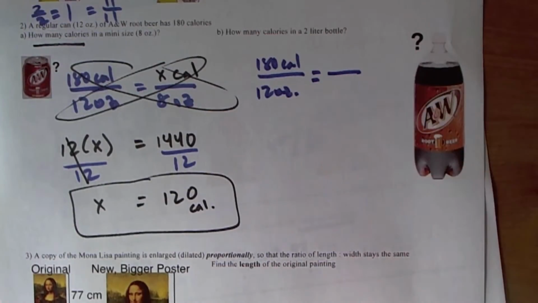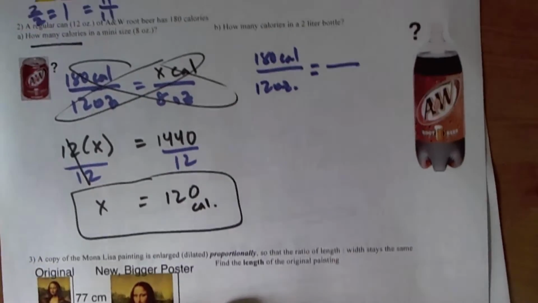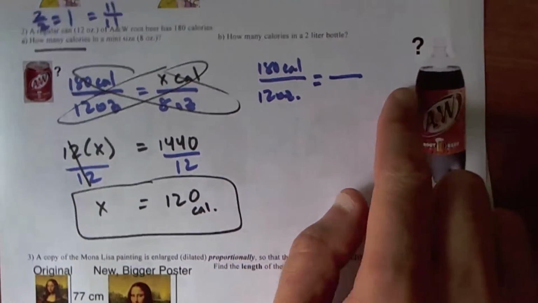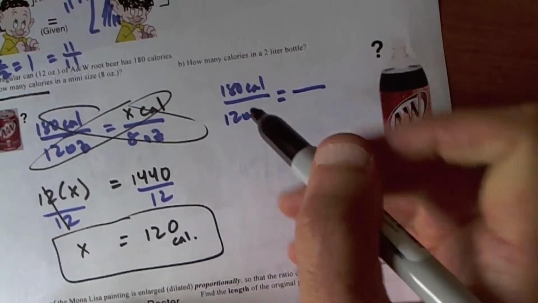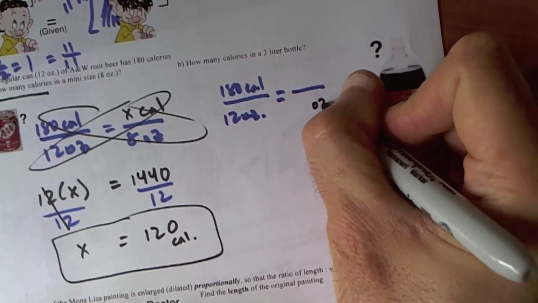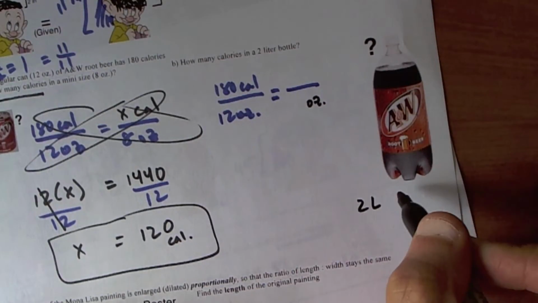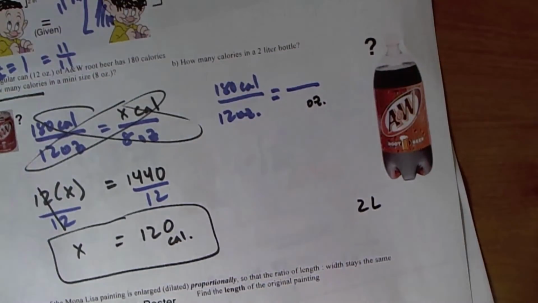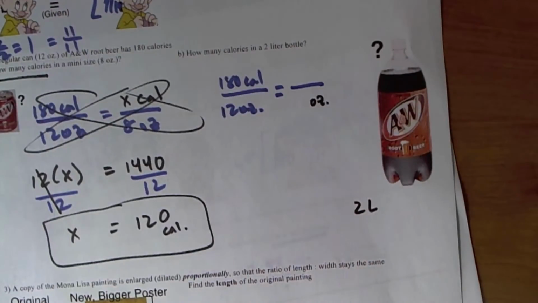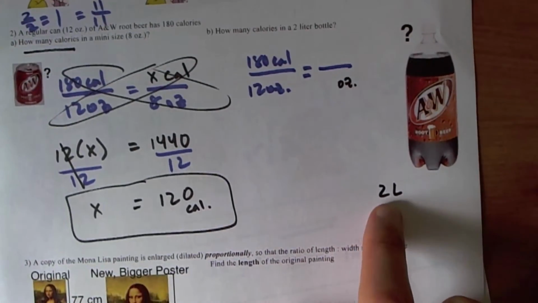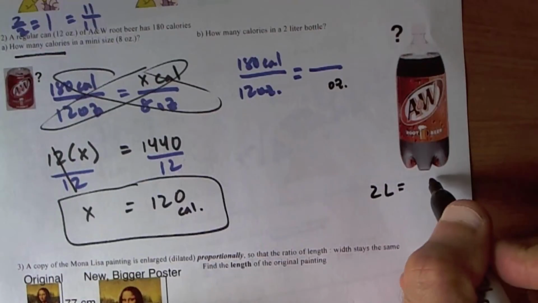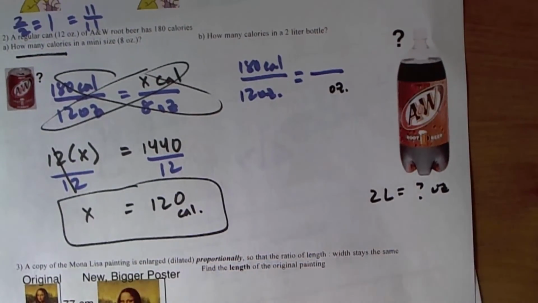So let's go ahead and pause for a second. All right, so I'm trying to figure out, okay, I've got 2 liters, and I want to convert that to ounces, just so it'll play nicely. So we have a nice rate here. So this is 2 liters. I could use some math to figure it out, but for time's sake, we'll just ask our friend Google. 2 liters equals how many ounces?